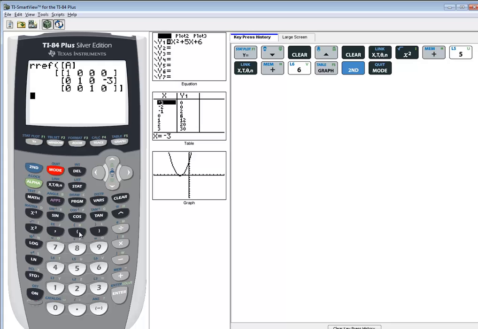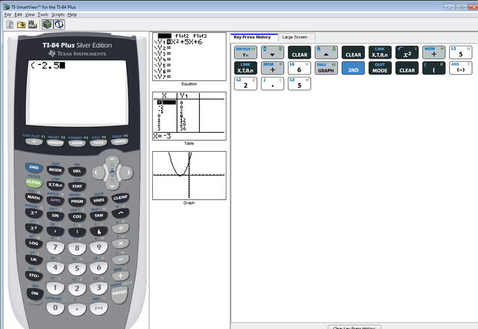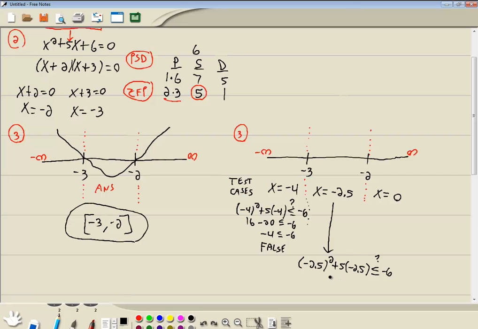So do second mode, do a beginning parentheses, then negative 2.5 close parentheses squared plus 5 beginning parentheses negative 2.5 closing parentheses, and we get negative 6.25.